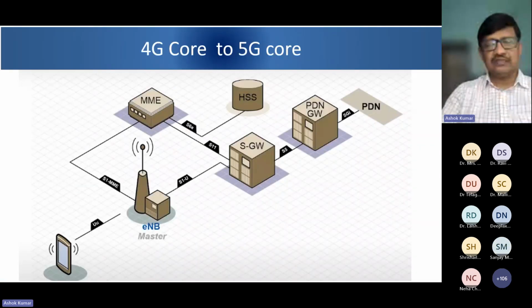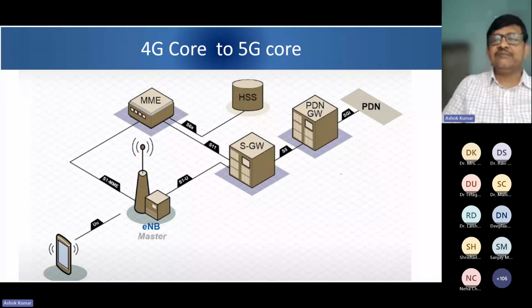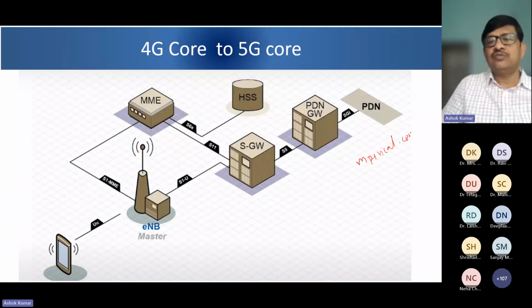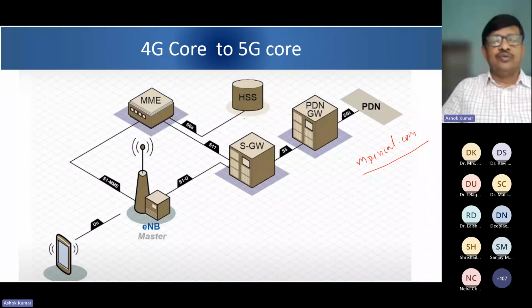Okay, so this is a typical 4G network diagram. We had seen this, and I have taken this picture from empirical.com. You can use this for other resources of 5G also. If you look at the 4G network functions, you have MME.